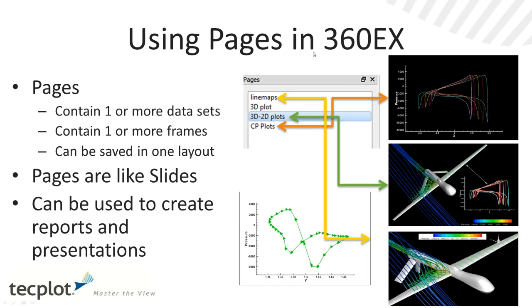The next thing we've implemented is something that was behind the scenes. This is the pages, and we'll talk about that. Think of this as the first implementation of pages, and certainly there are lots of things we're going to improve throughout the year, but pages allow you to have multiple data sets in a particular frame or multiple frames in a particular page, and they can be saved in one layout, which is really great because you can think of this now as having perhaps 10, 15 data sets that you're comparing and having it in one layout, and the layout would link to all 15 files.